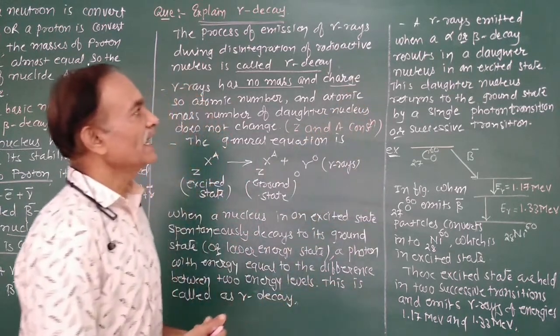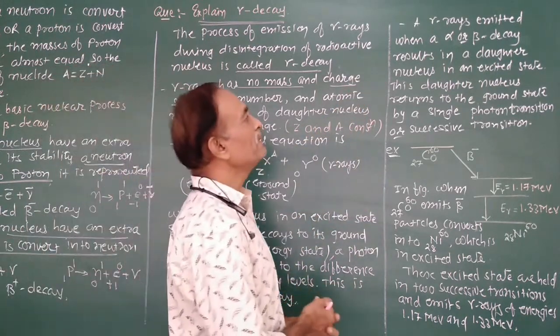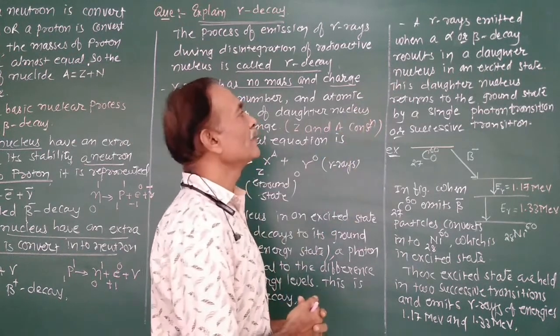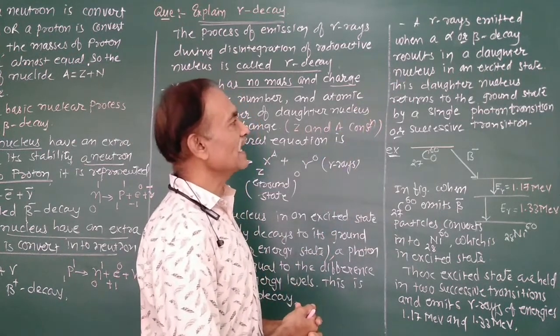A gamma ray is emitted when alpha or beta decay results in a daughter nucleus in an excited state.